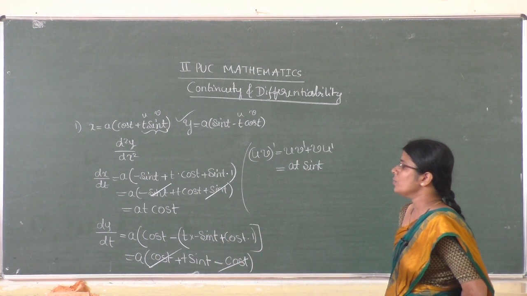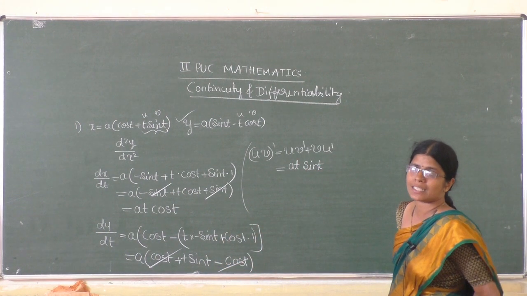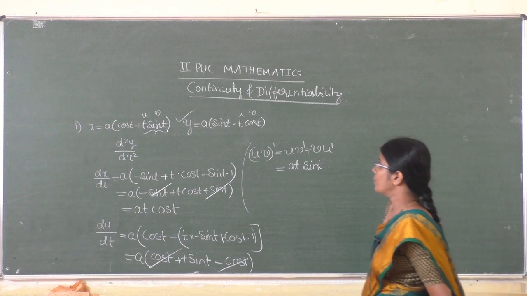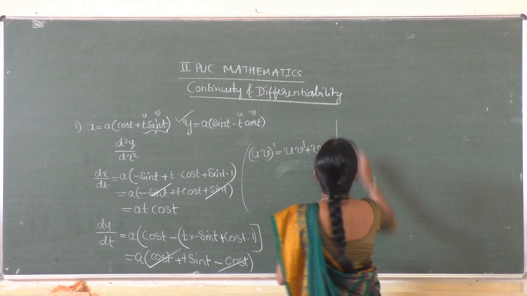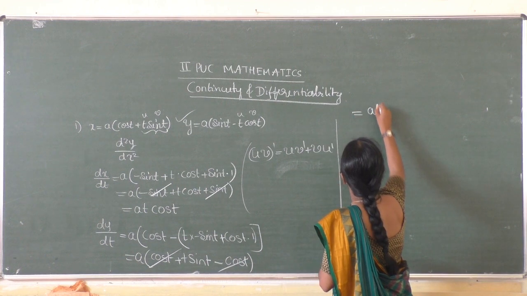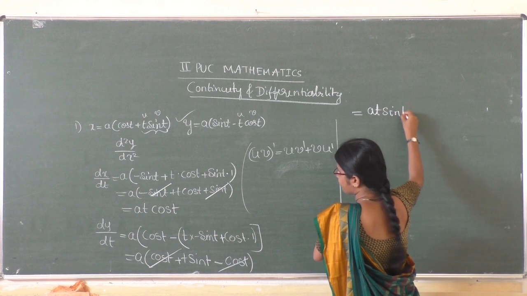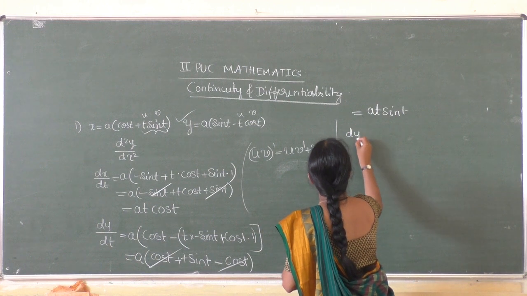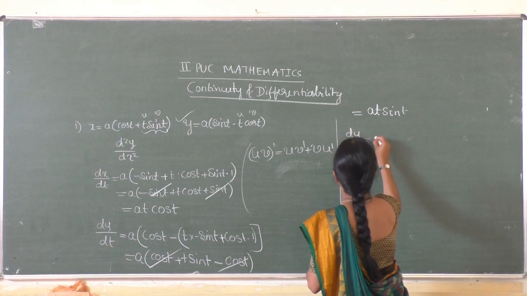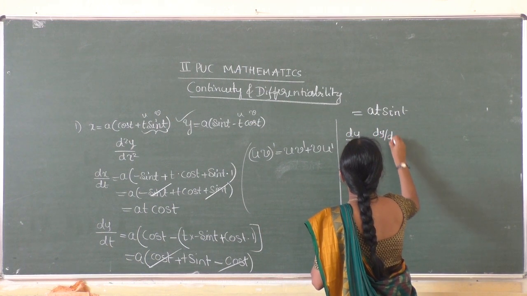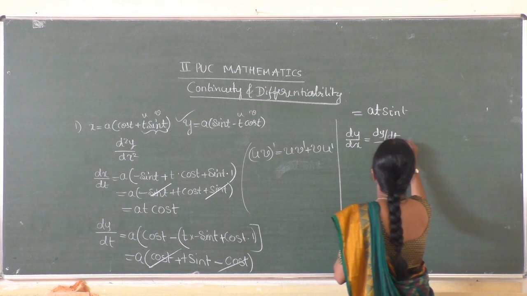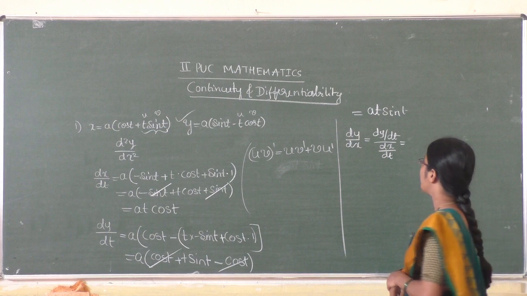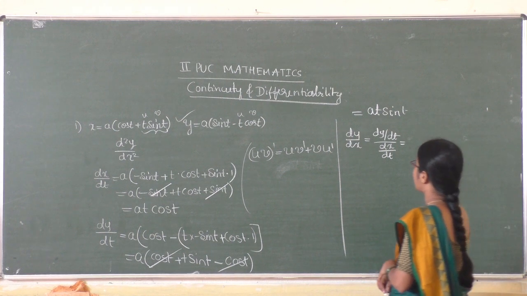So we got dy by dt and dx by dt. Now what do we have to find? dy by dx, that is nothing but dy by dt divided by dx by dt.